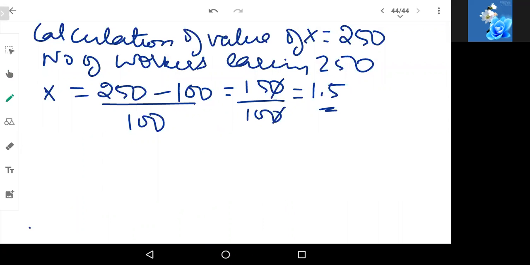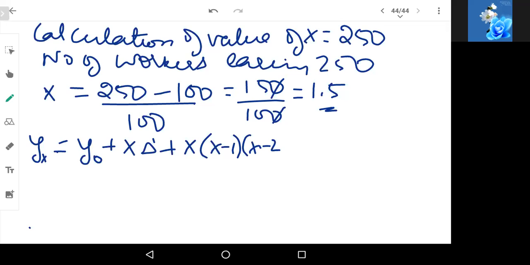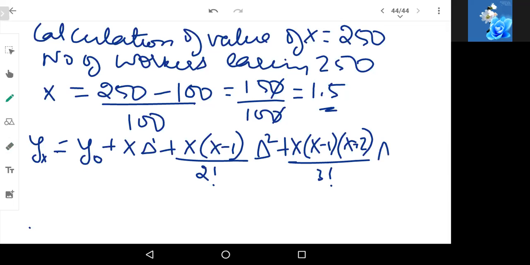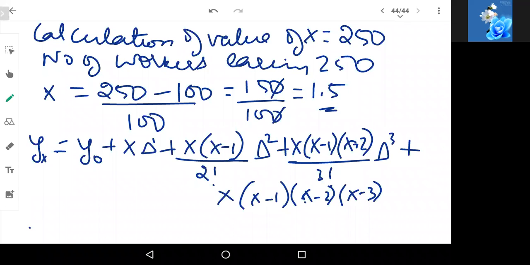Now take the yx formula, that is y0 plus x into leading difference 1 plus x into x minus 1 divided by 2 factorial into leading difference 2 plus x into x minus 1 into x minus 2 divided by 3 factorial into leading difference 3 plus x into x minus 1 into x minus 2 into x minus 3 divided by 4 factorial into leading difference 4.